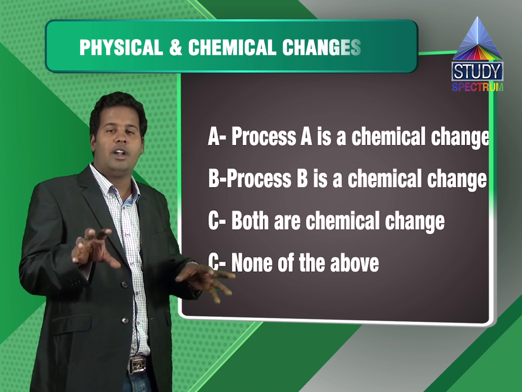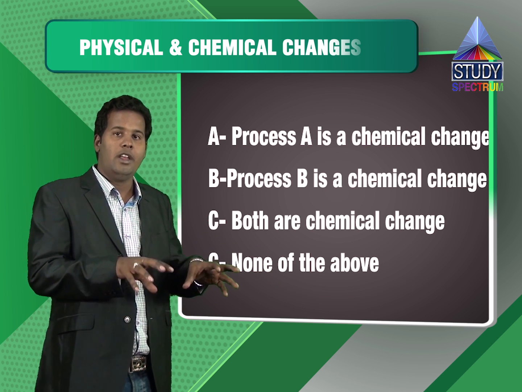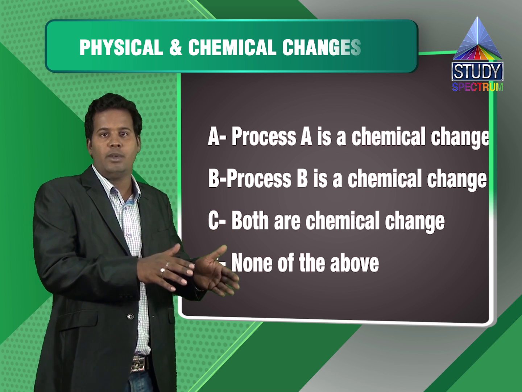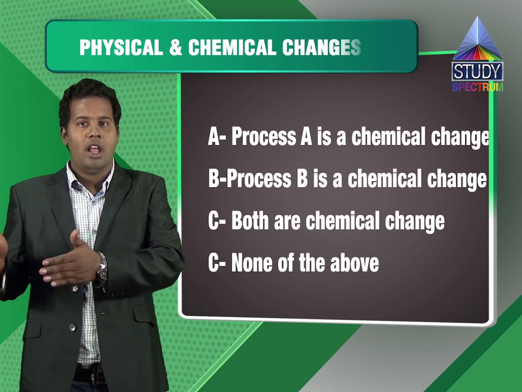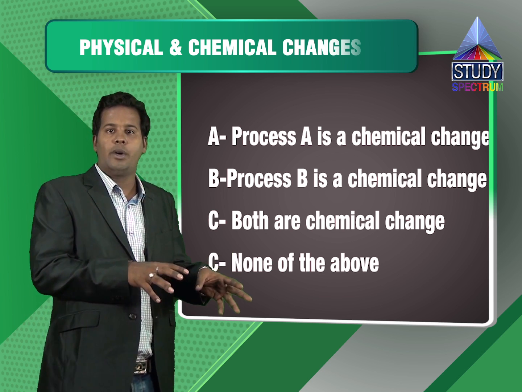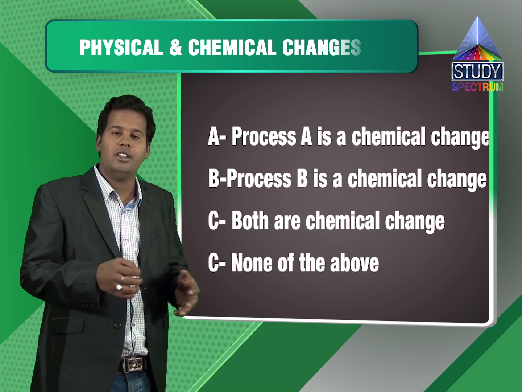So in this question you should understand why both the processes A and B are chemical changes. Why? Because the internal properties of animal waste have been changed to produce biogas, and also at the same time the process is irreversible. Since the internal properties are changing, change A should be a chemical change.